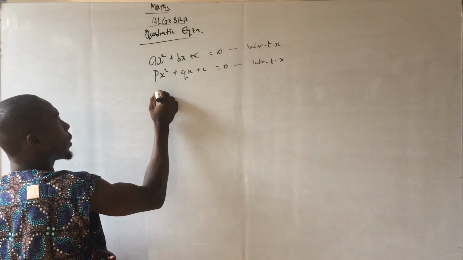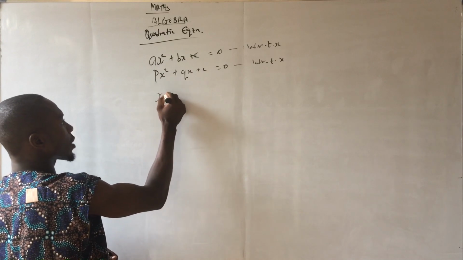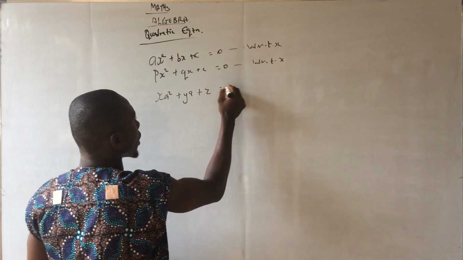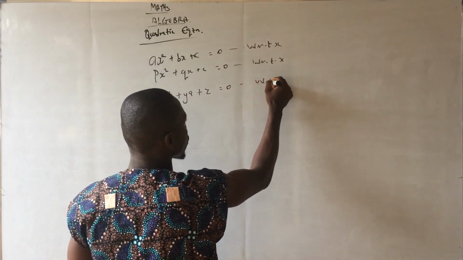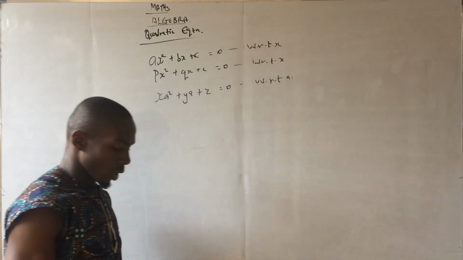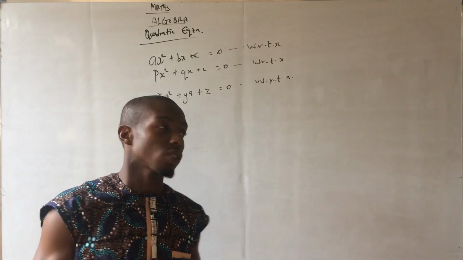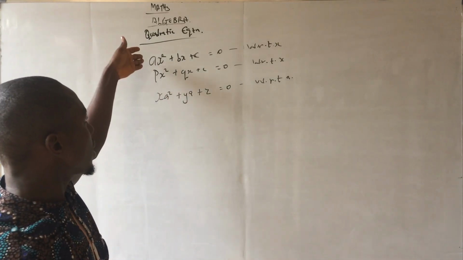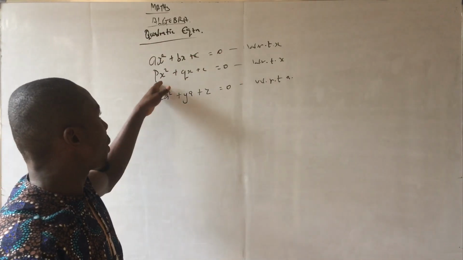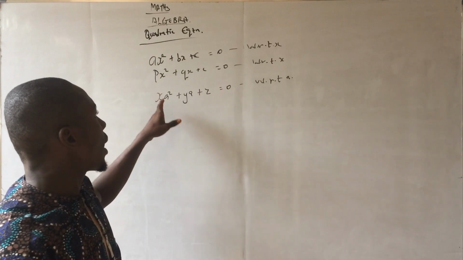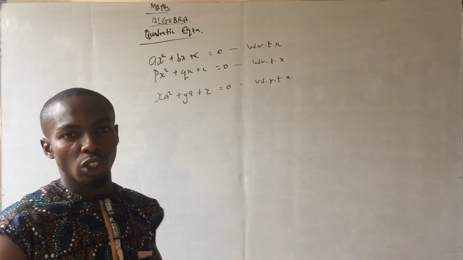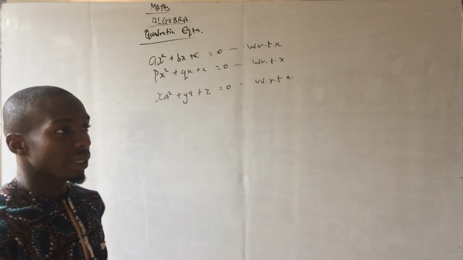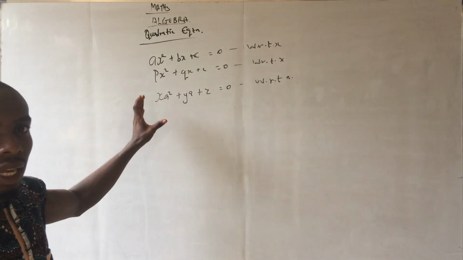If we have xa squared plus ya plus z equal to 0, this is with respect to a. So it is not a must that it is going to be with respect to x, it can be with respect to anything. And this a, b, c, p, q, x, y, z, all of them are dummy. They are numbers. So quadratic equation looks exactly like this.